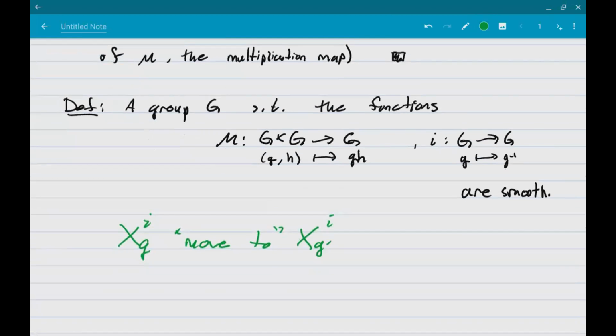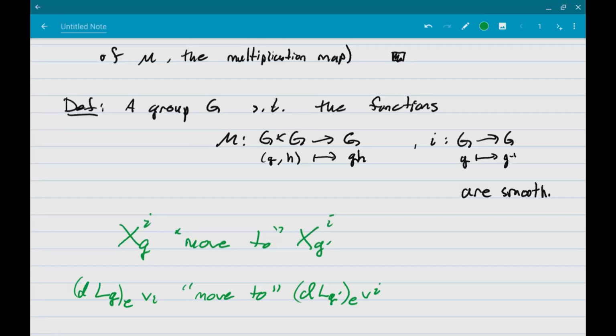How does that move? Well, I take the differential of L_G at E of v_i, and I move this to the differential of L_G prime at E of v_i.